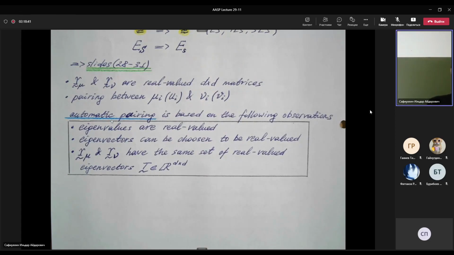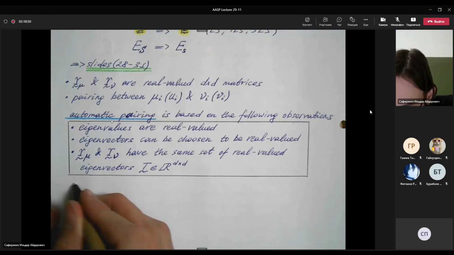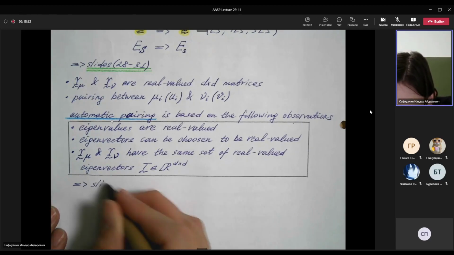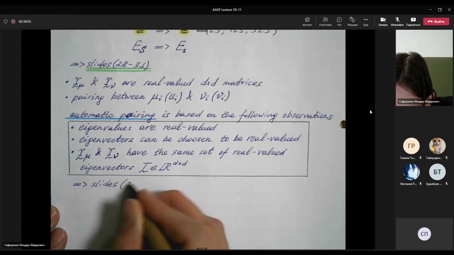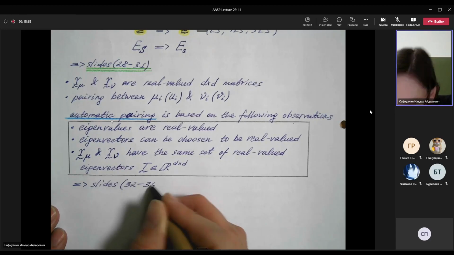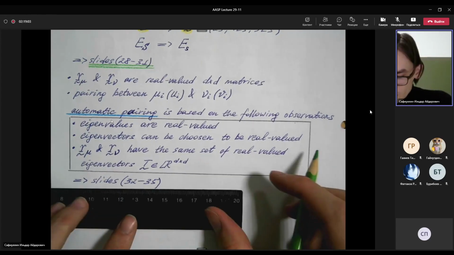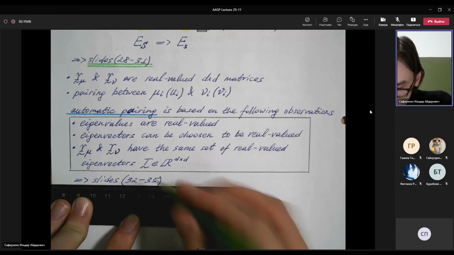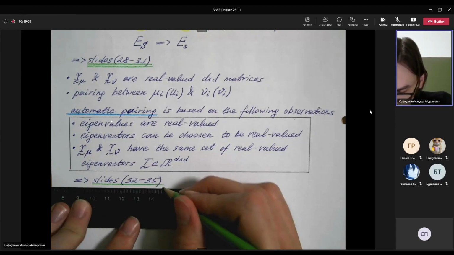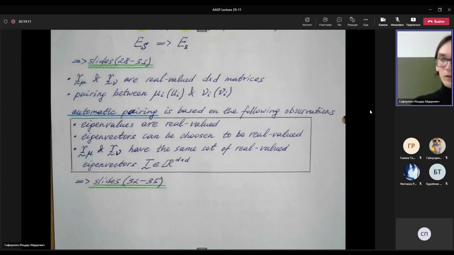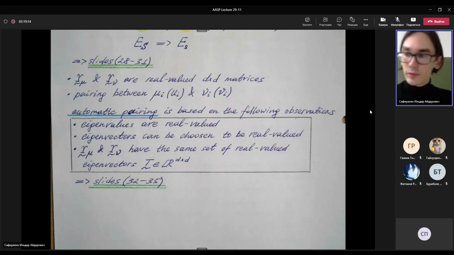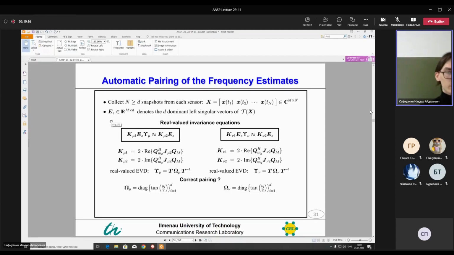For this one, we have slides 32 up to 45. And the answer for correct pairing is this one.